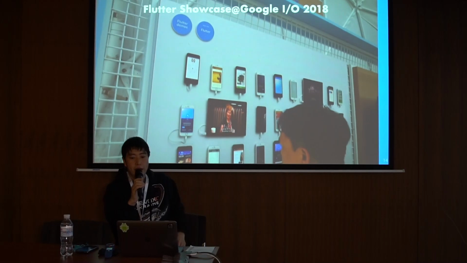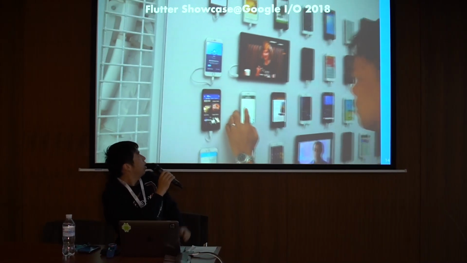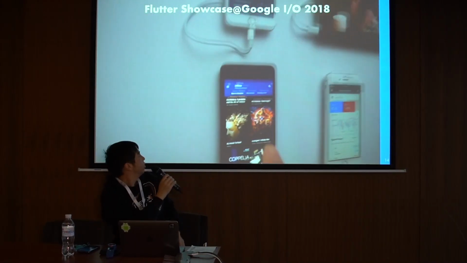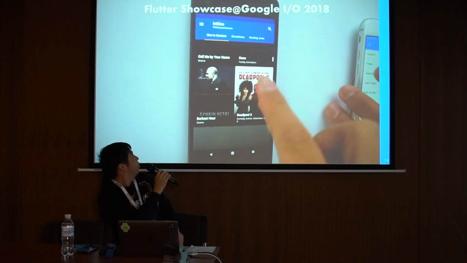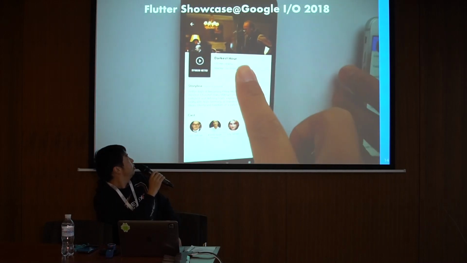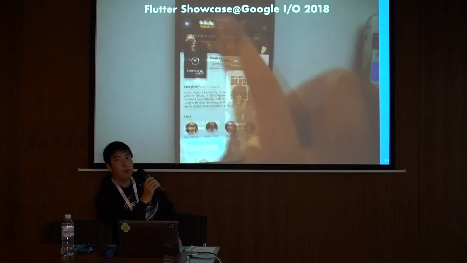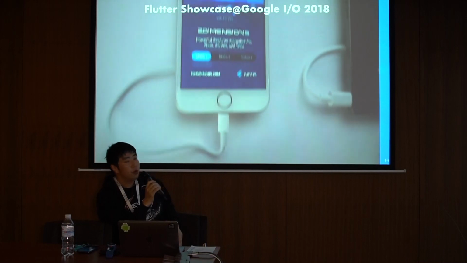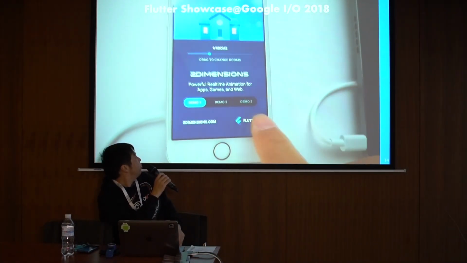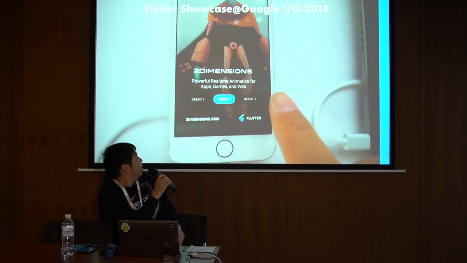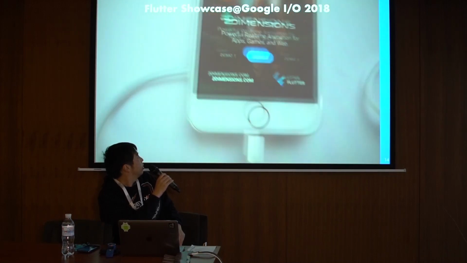At the Google I/O conference, there were a lot of mobile devices. Oh, these are all Flutter applications. Oh, this is a movie application. Very smooth. The animation is also smooth.